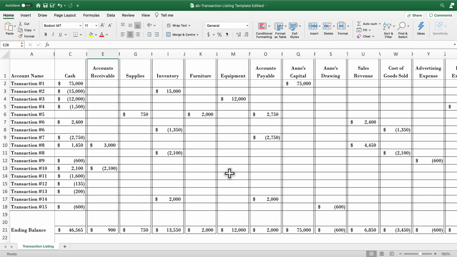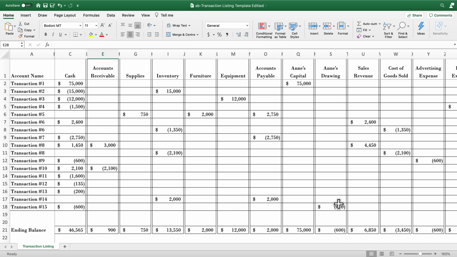Alright, number 9. The company purchases advertising in local newspaper for $600. So we have $600 cash going out, and our debit is our advertising expense of $600. Now remember, expenses and drawing decrease owner's equity because they are normally a debit.